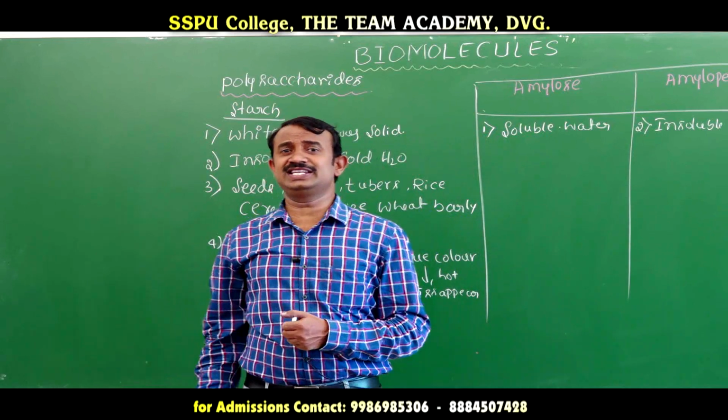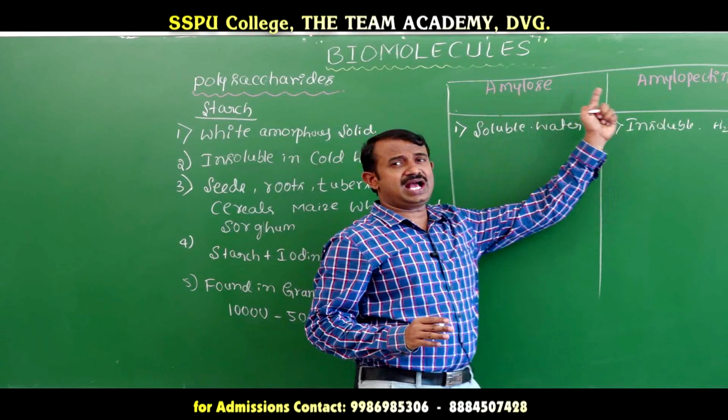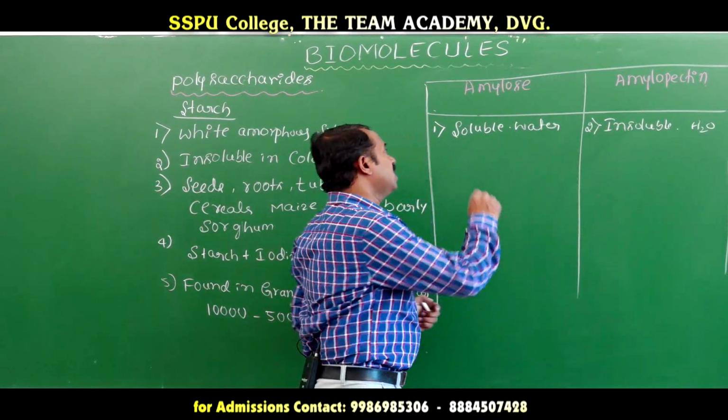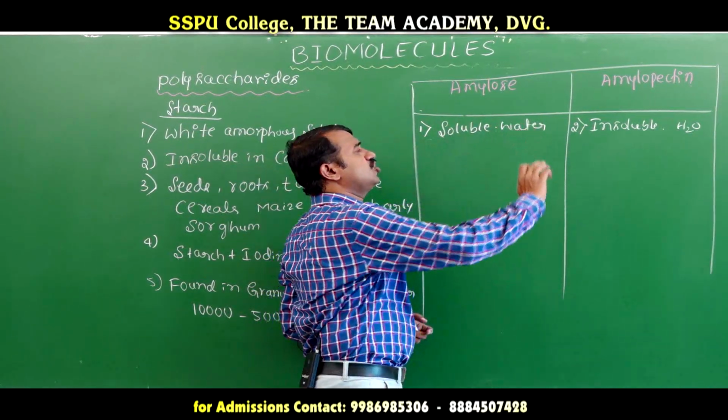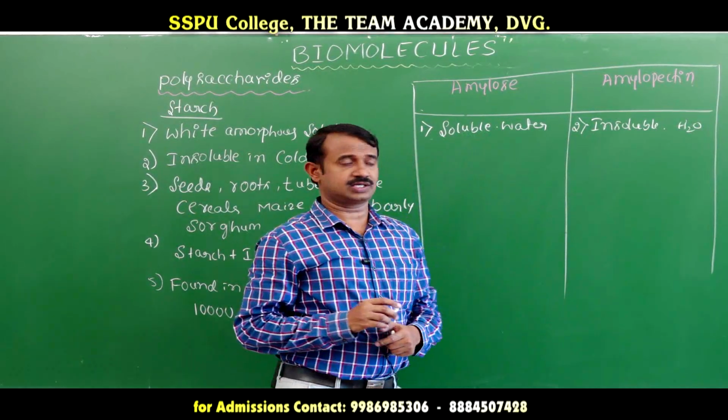In starch, one part is amylose and the other is amylopectin. Amylose is freely soluble in water; amylopectin is insoluble in water.